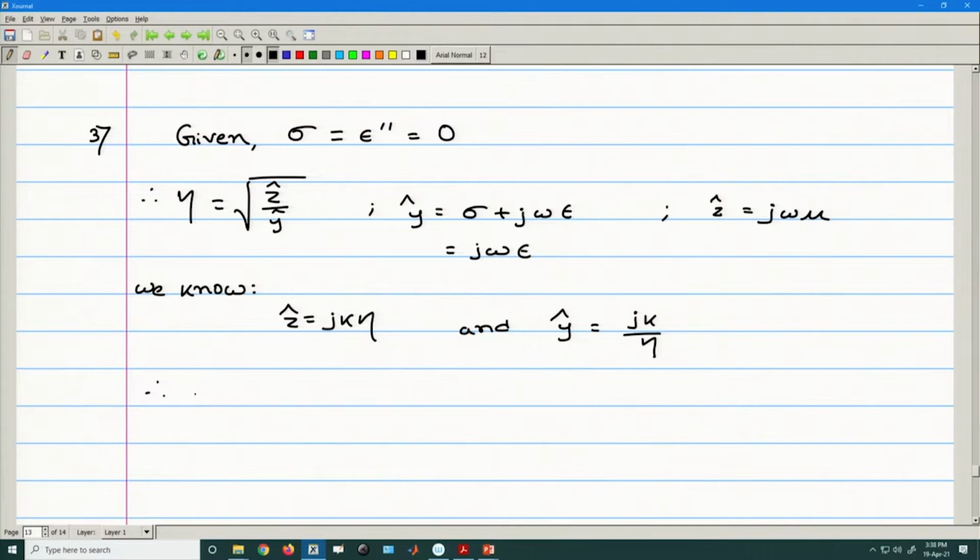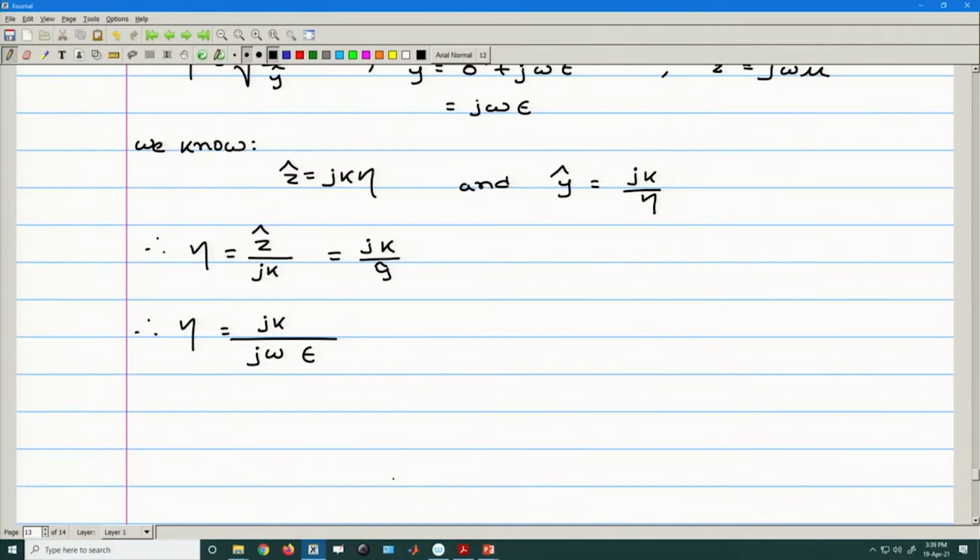Therefore, eta can be written as z cap by j k, that is j k by y cap. Therefore, substituting for z and y, we get eta as j k divided by y, which is j omega epsilon. So, j cancels out, we get k by omega epsilon.